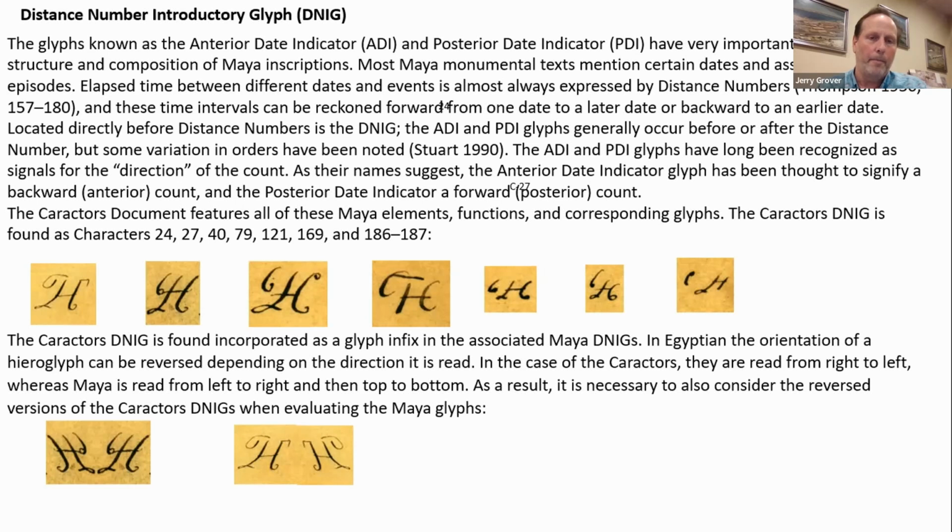So you have to look at it, it may actually match a mirror glyph form. And like I said, there is some variation even in the Maya as to the way these things work or count. So it's not a standardized uniform system throughout the Maya. They have them all, but sometimes they'll use the ADI or PDI in slightly different ways.